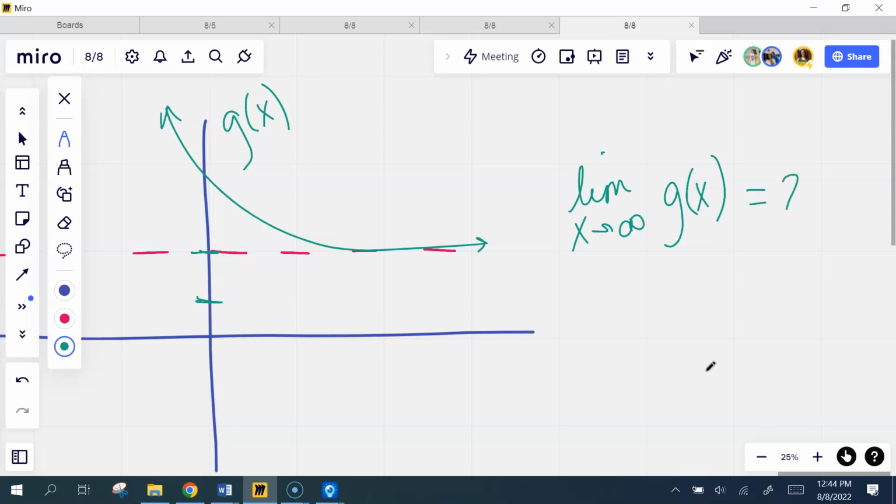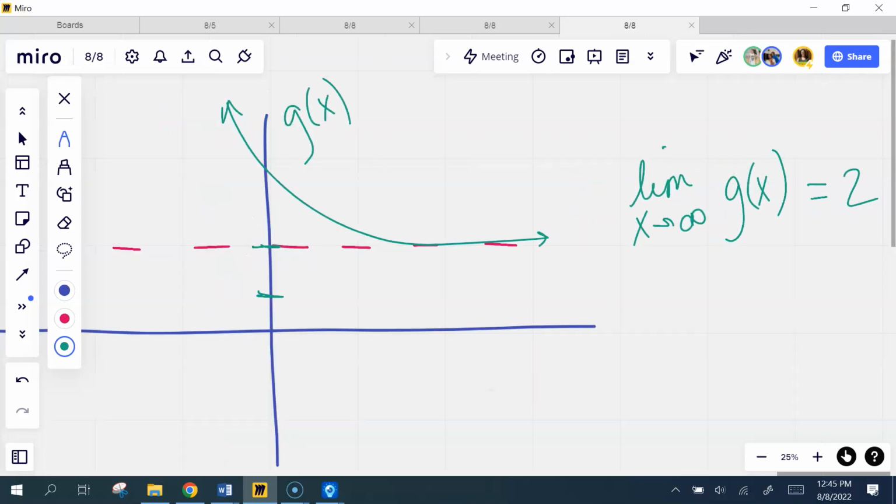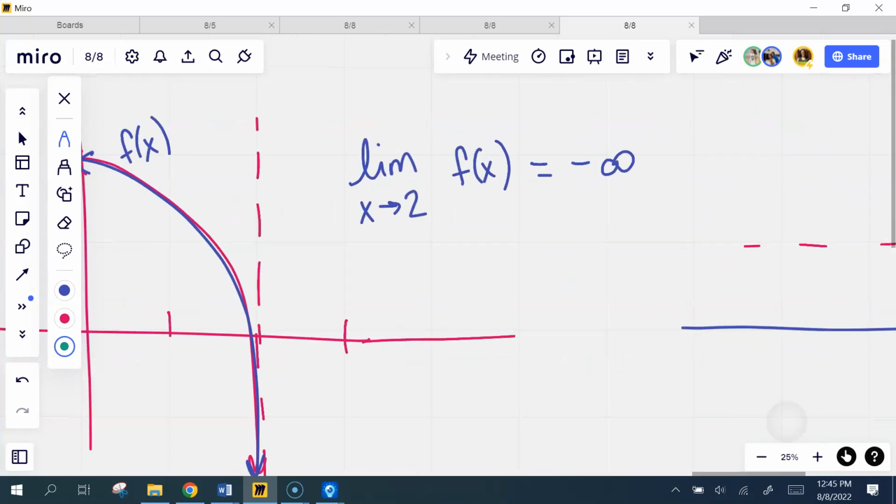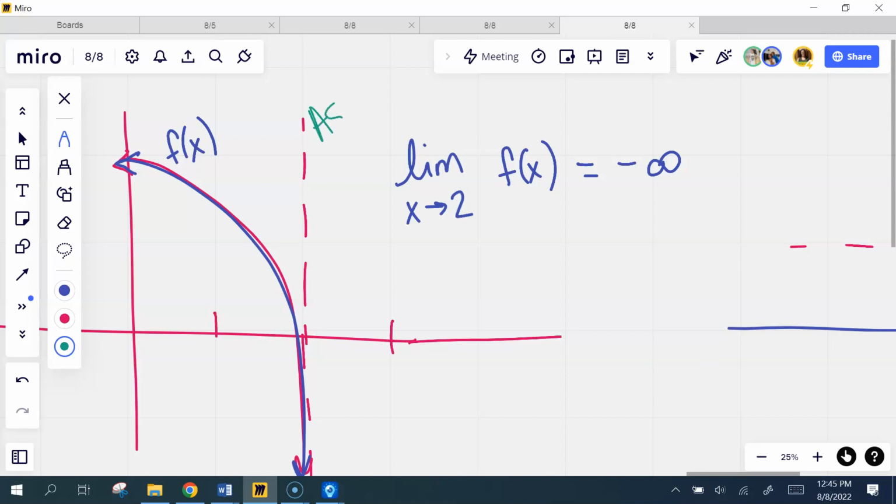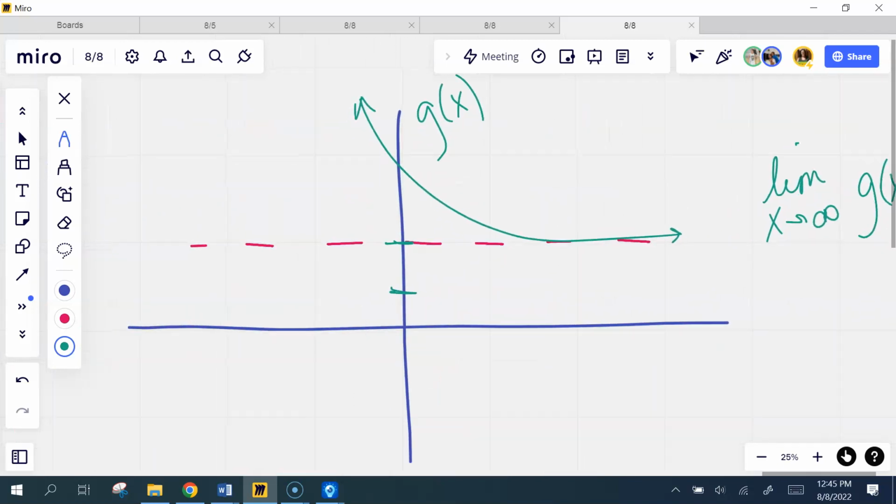You're exactly right. It's getting closer and closer to 2. This is how we're using limits, and that's really all I need you to know right now. This is a little bit more of a calculus-y way to look at asymptotes. These are called, well, I just said it, asymptotes. So tell me again what an asymptote is exactly.